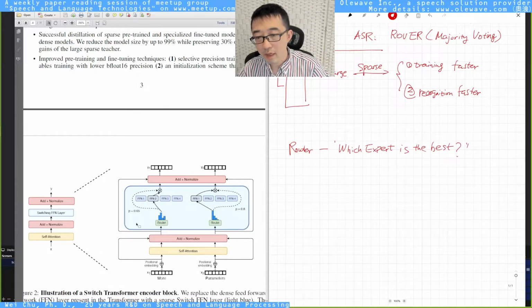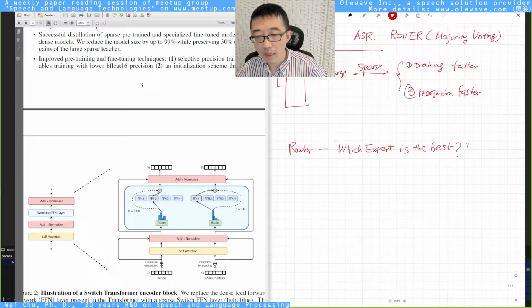In this case, the router decides that feed-forward network number 2, which has a probability of 0.65, has the highest probability. The network takes the input from the normalized layer's output and only sends it into feed-forward network number 2.